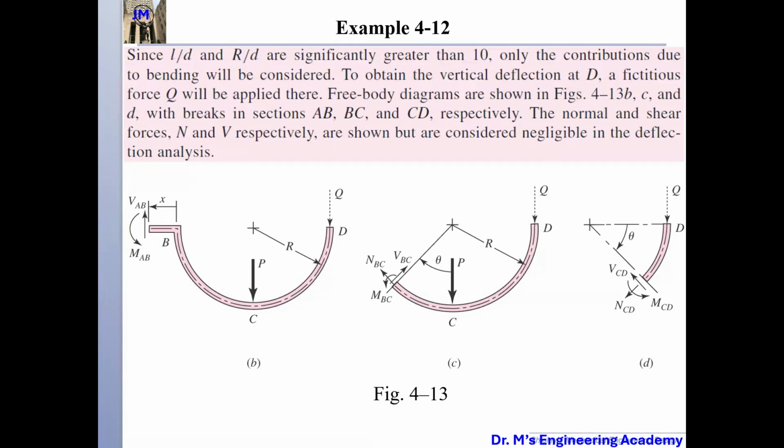So M_CD equals Q times (R minus R cosine theta). You guys agree? And dM_CD/dQ equals R minus R cosine theta.